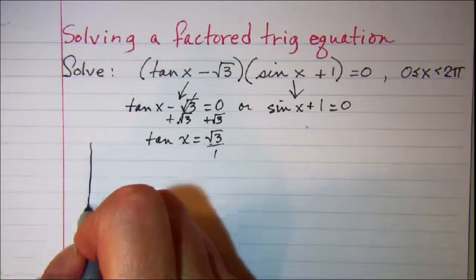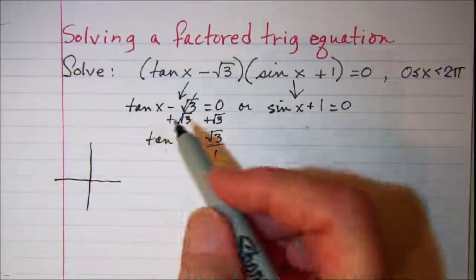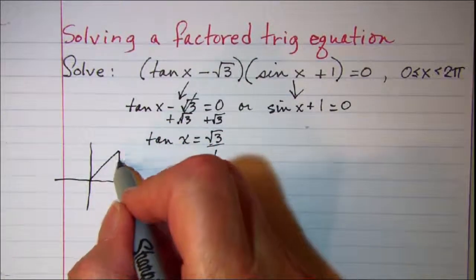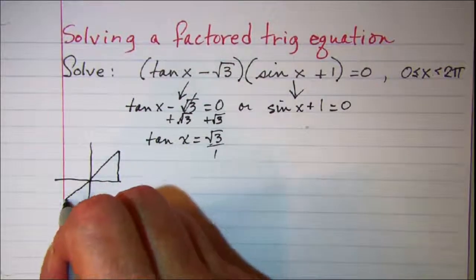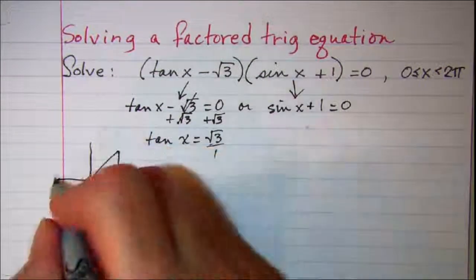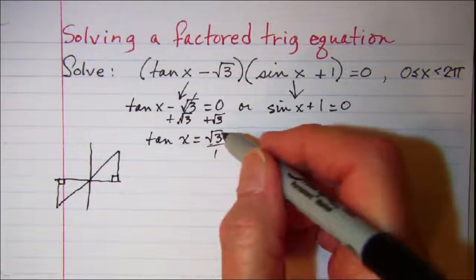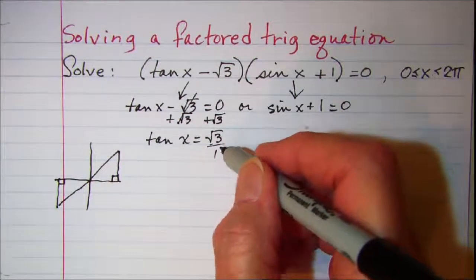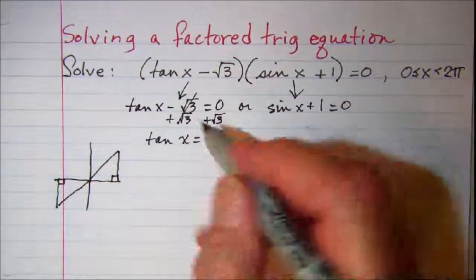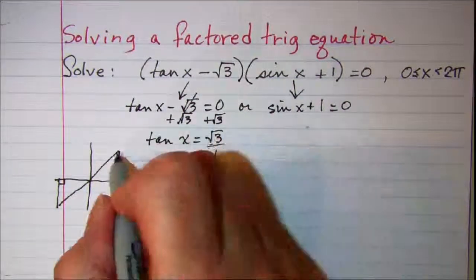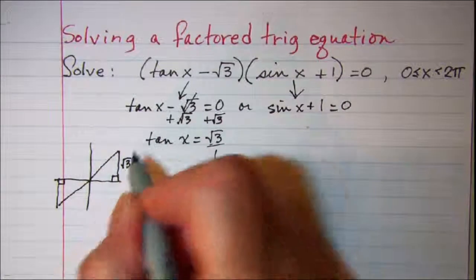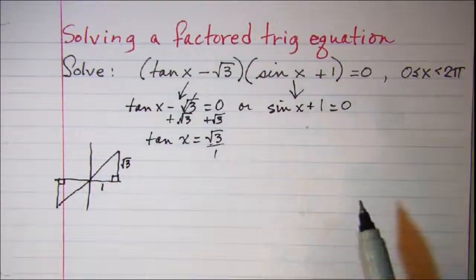So we know that tangent is positive in quadrant 1 and quadrant 3. And we know that tangent is defined as opposite over adjacent. So my opposite side is radical 3, and my adjacent side is 1.